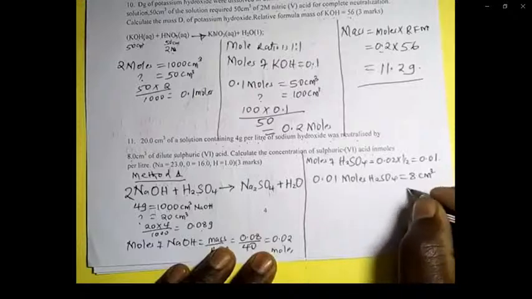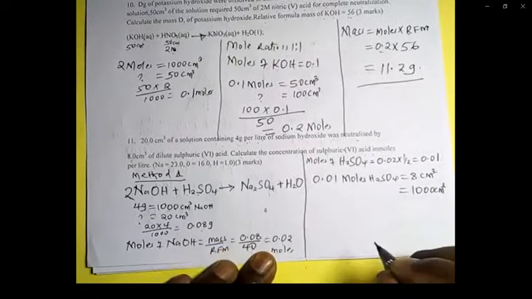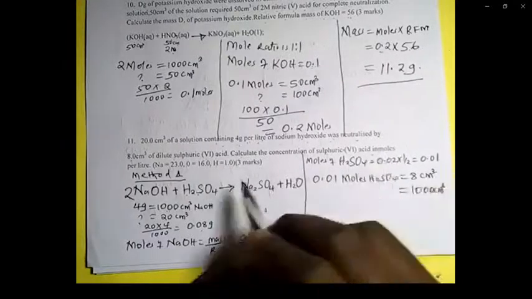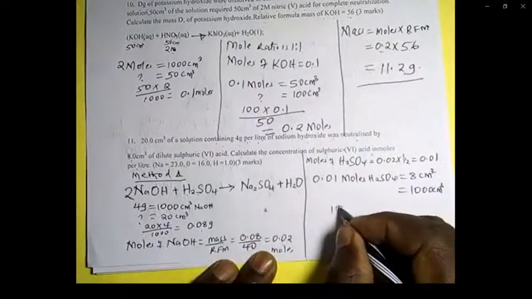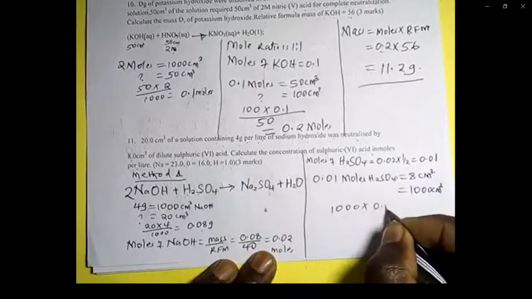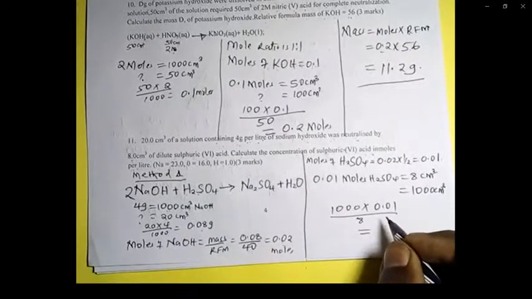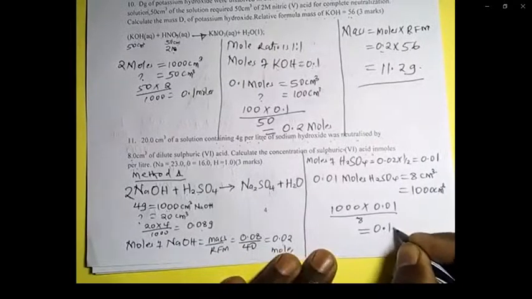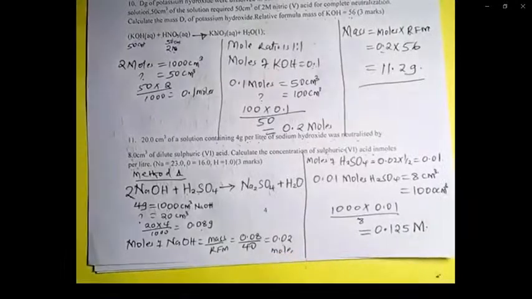What will be the number of moles in 1,000 centimeters cubed? Because we want concentration, molarity, moles in 1 liter, moles per liter. So it is 1,000 times 0.01 divided by 8, and this will give you 0.125 capital M. That is the molarity.